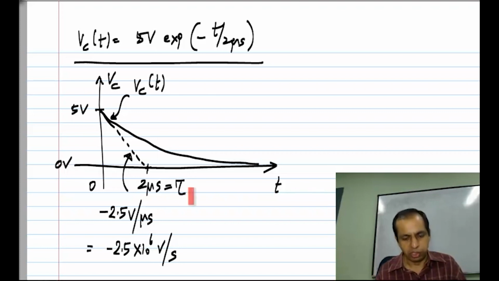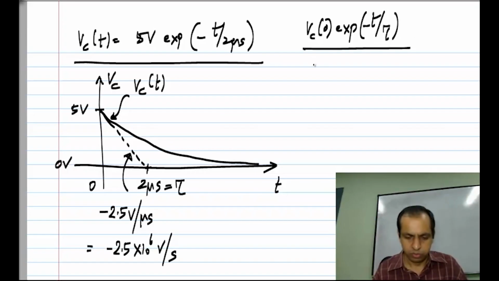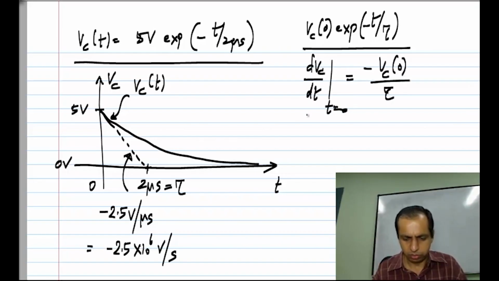I am showing this as a numerical example, but if you use the general form of the expression Vc of 0 exponential minus t by tau, then the initial slope is minus Vc of 0 by tau. So if you keep on continuing over that line and go down by an amount equal to Vc of 0, you will reach tau.